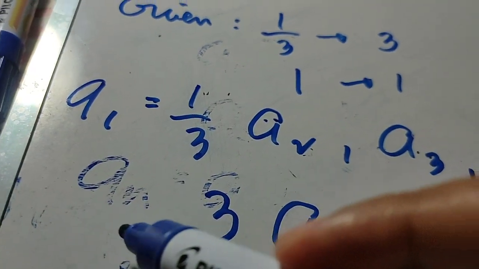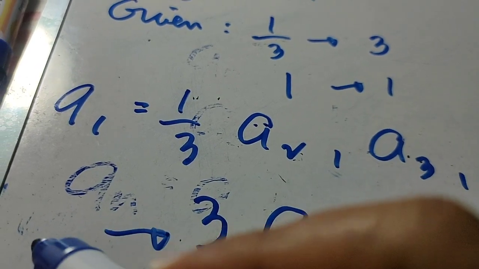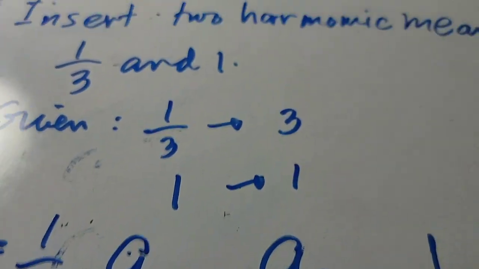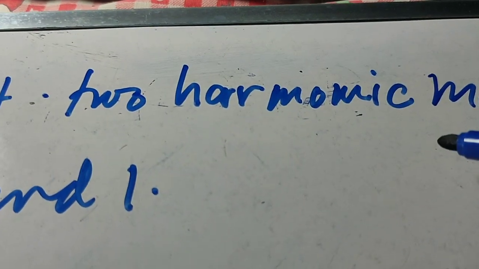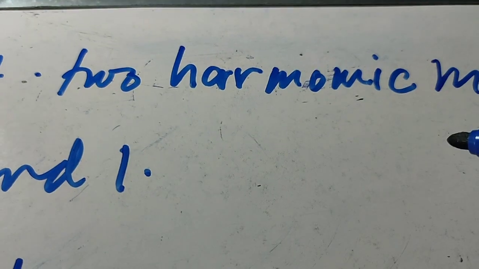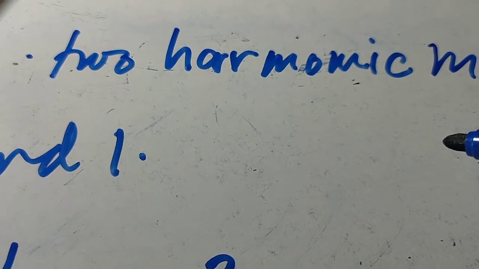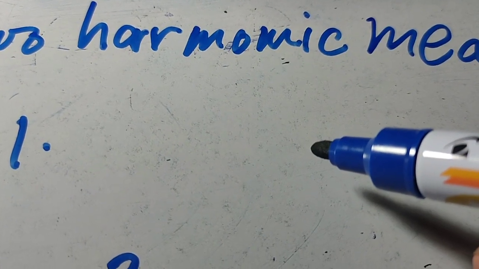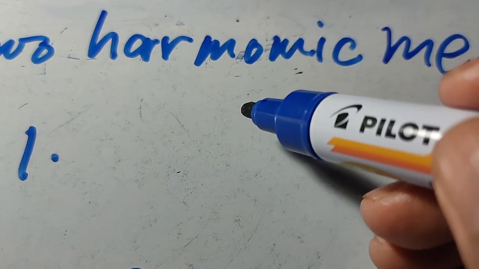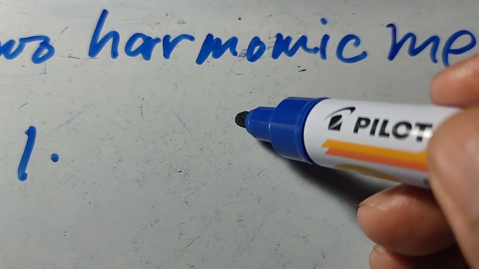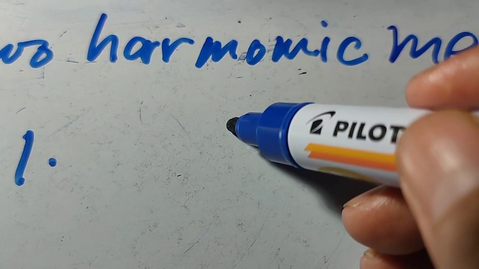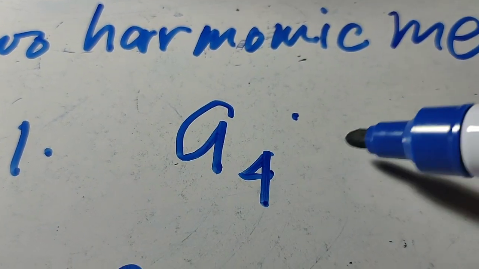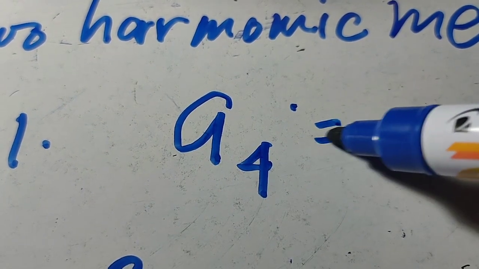So this is now the thing that we're going to use, because this is in the form of the arithmetic sequence. So going into the finding of the two terms of the arithmetic sequence, because we're doing first the arithmetic sequence, we know that a sub 4 is 1.